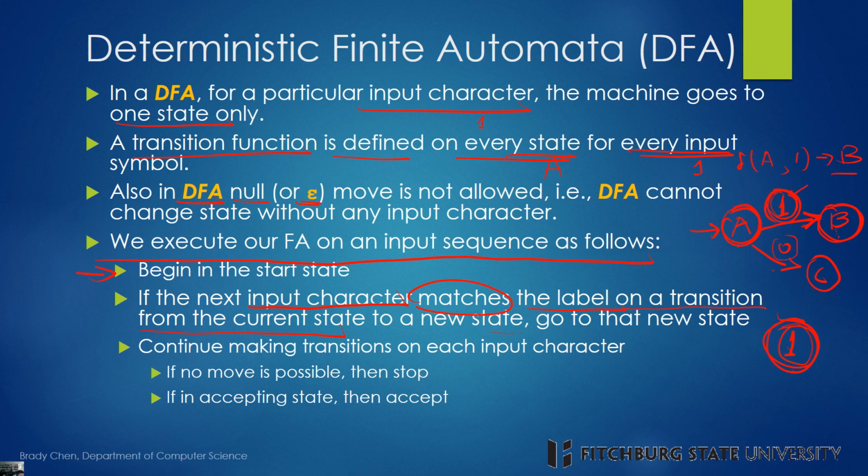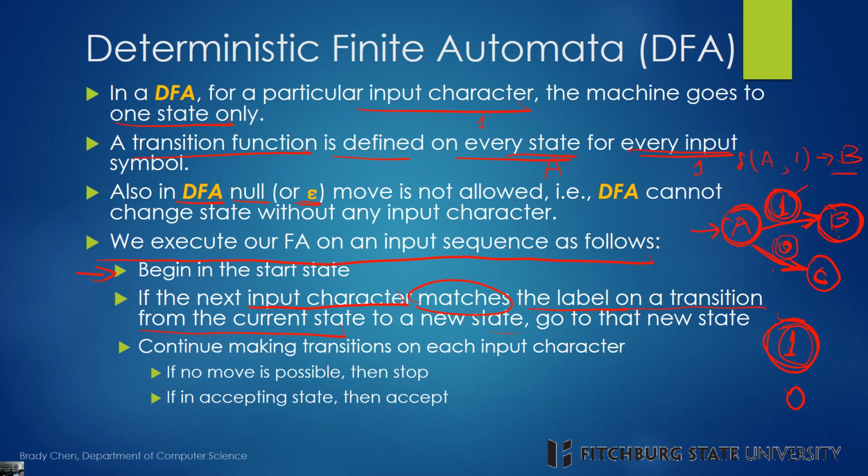That's defined. Now if the current input is 0, and it matches the other label 0, then A goes to C. So to decide which state we will go to, it will actually check both the current state and the current input.